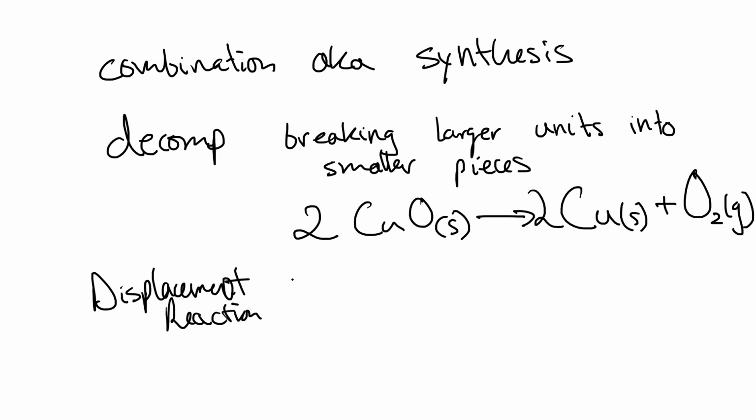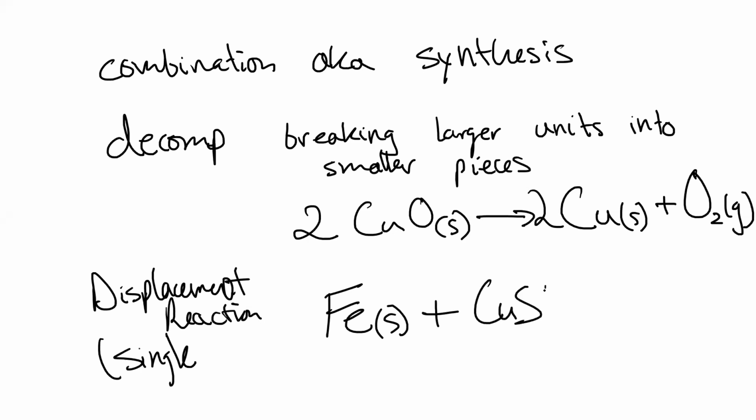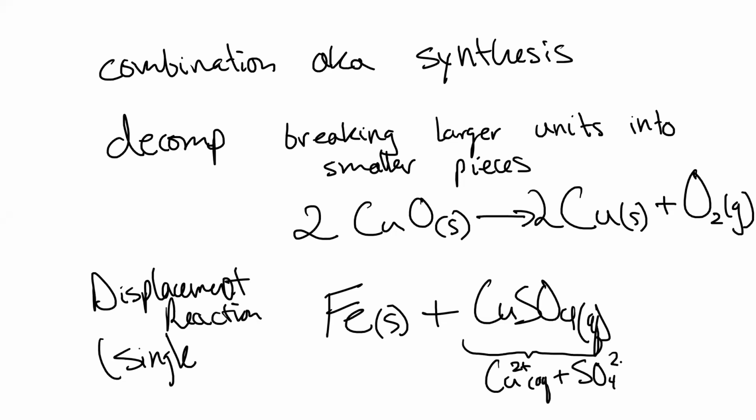And the reason I say that is the whole idea of single is important because you're starting with something, for example, like iron solid plus, here we've got copper 2 sulfate that is aqueous, which means what this is actually in solution is copper 2 plus that is aqueous plus sulfate anion that is aqueous. They are sitting there in the water surrounding the iron in that fashion. Question?